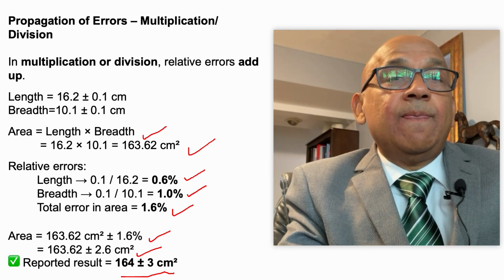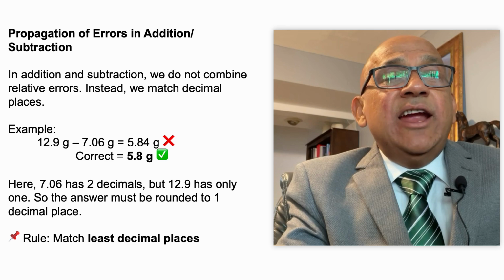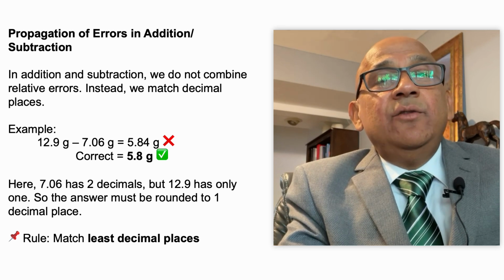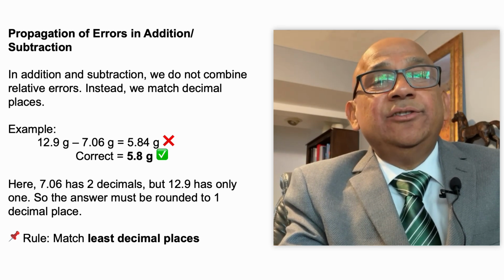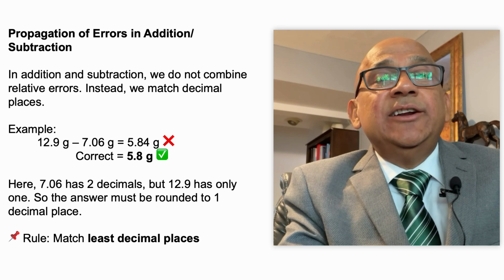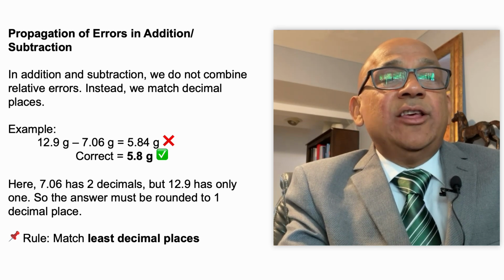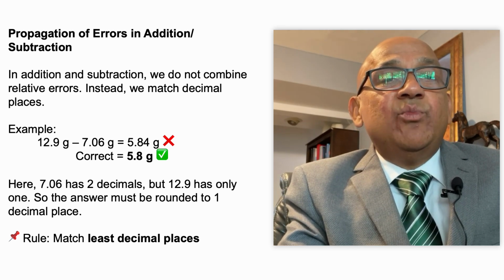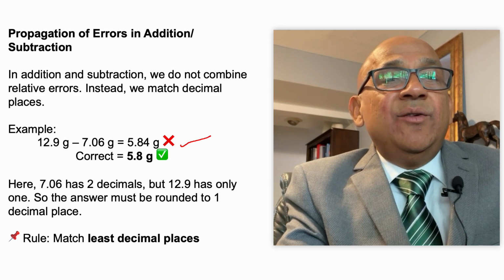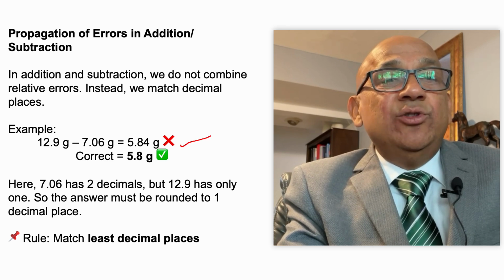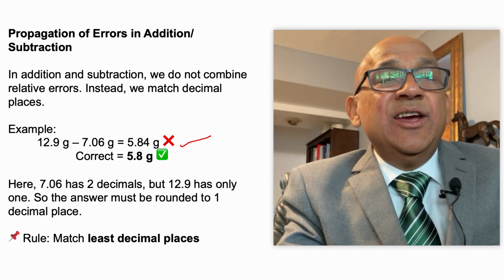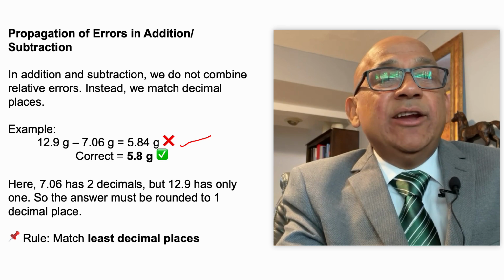Now in addition and subtraction, we do not combine relative errors, rather we match the decimal places. For example, suppose you are subtracting 7.06 from 12.9, you get a number of 5.84.